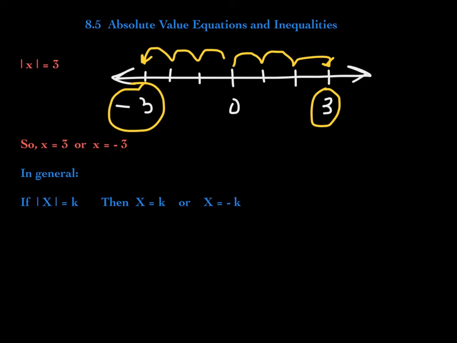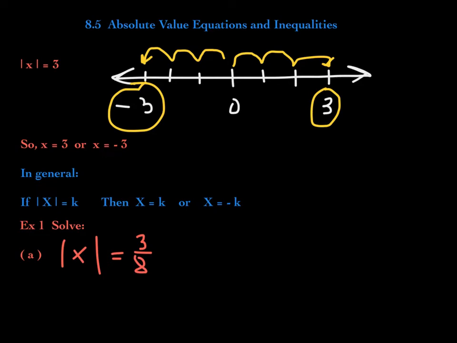Let's look at our first official example. We have the absolute value of x is equal to 3/8. All right, so this must be understood to mean find all the numbers x such that the absolute value of that number is 3/8 units. You can draw a picture again if you'd like.